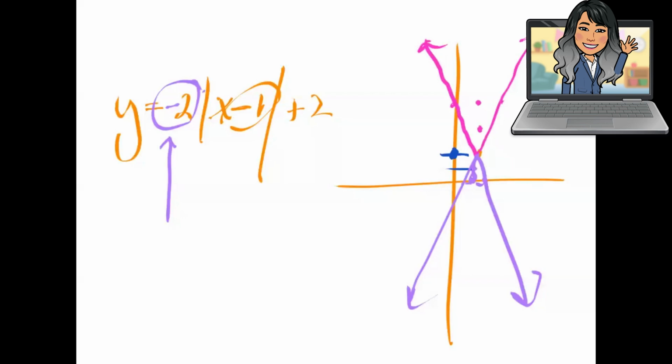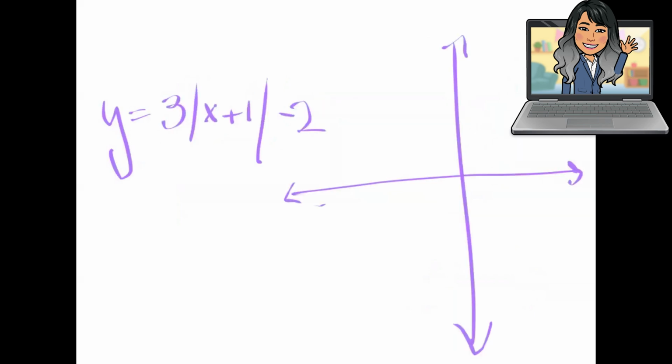Why don't you try this one? Y equals 3 absolute value of x plus 1, minus 2. Let me try that one. So I'm gonna go down 2, left 1, because I do the opposite, so -1. And then I go up 3, 1, 2, 3, right 1.